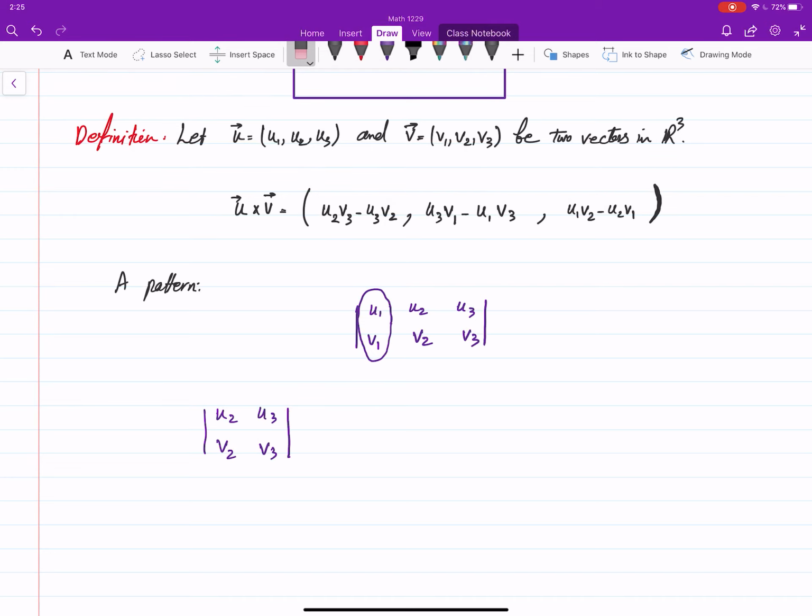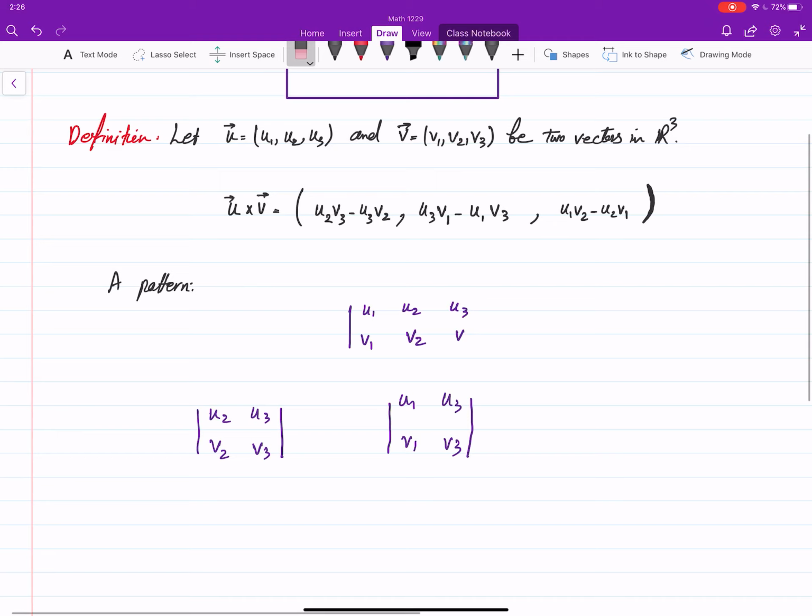For the second one, you forget the second column, so you get u1, u3, v1, v3. And for the third one, you forget the third column, so you will have u1, u2, v1, v2.